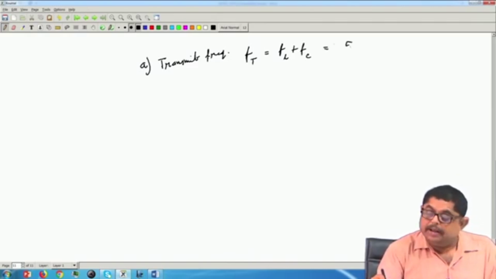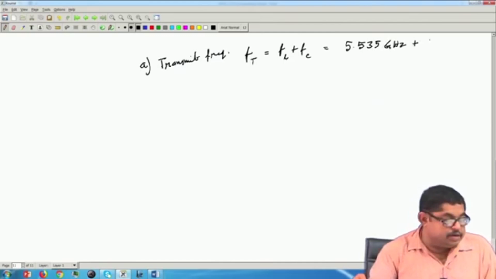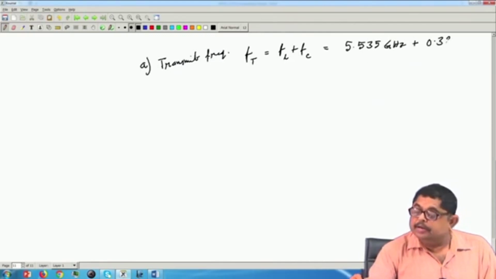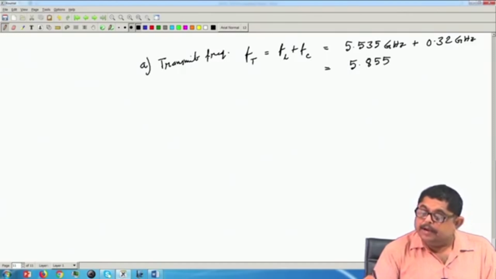So that is 5.535 gigahertz plus 0.32 gigahertz, so that will be 5.855 gigahertz. As simple as that.